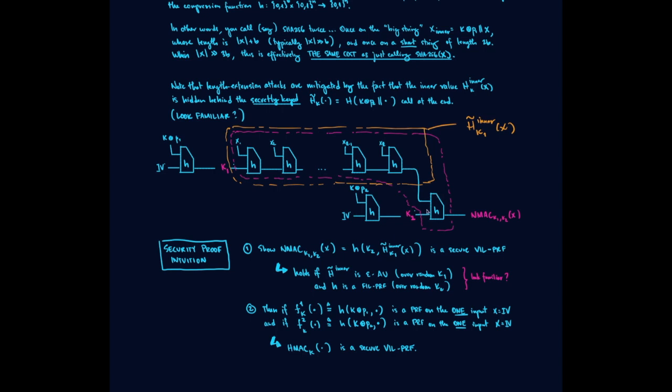If this thing is a good PRF, in particular a fixed input length PRF because the input is B bits, and this thing inside the orange box is epsilon almost universal, does that look familiar? It's an epsilon almost universal hash function being fed into a fixed input length PRF. That's how you prove that NMAC with two keys is a good variable input length PRF. That's step one, and it's just using what you already know.